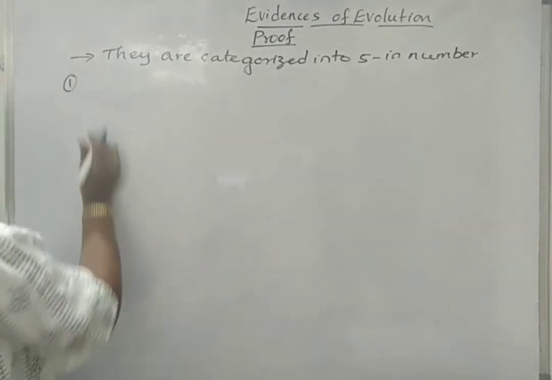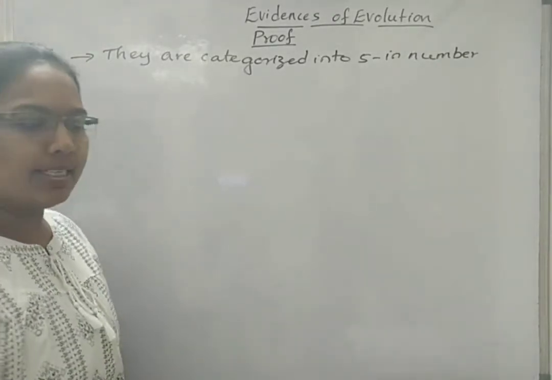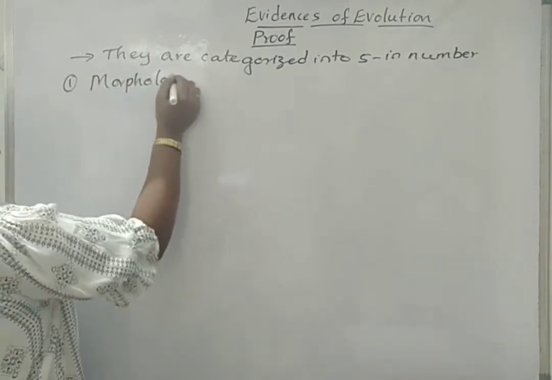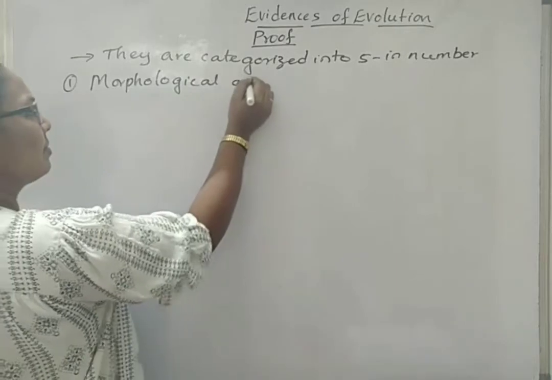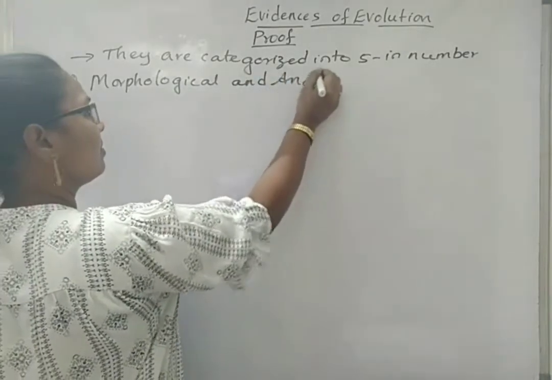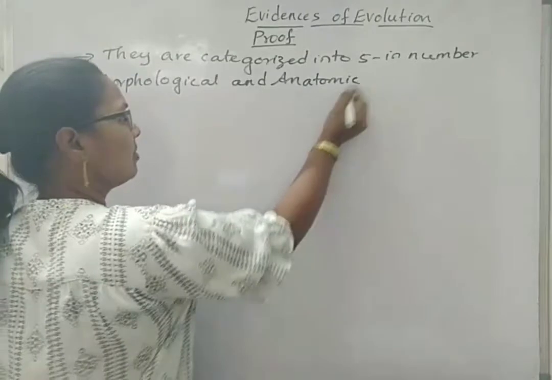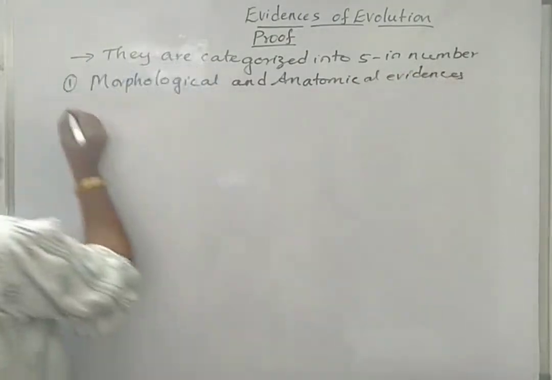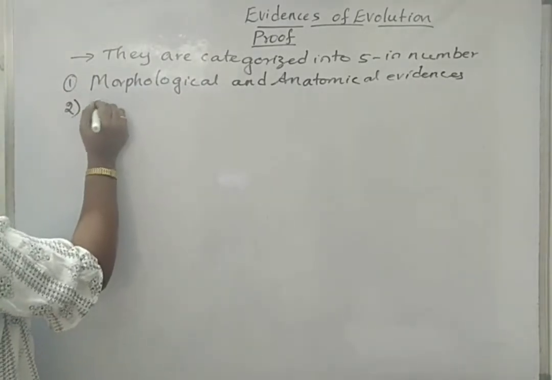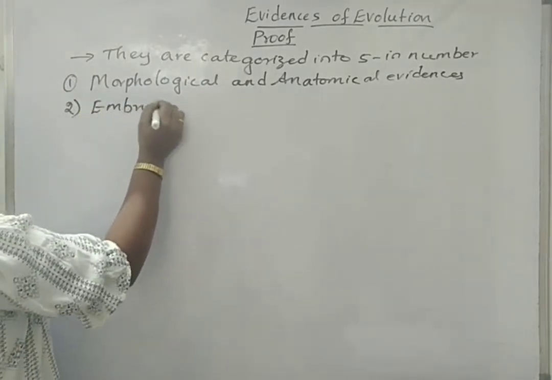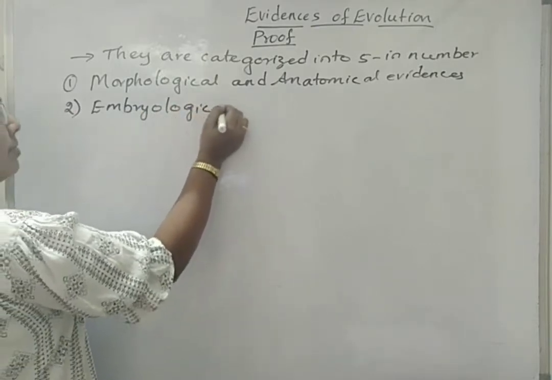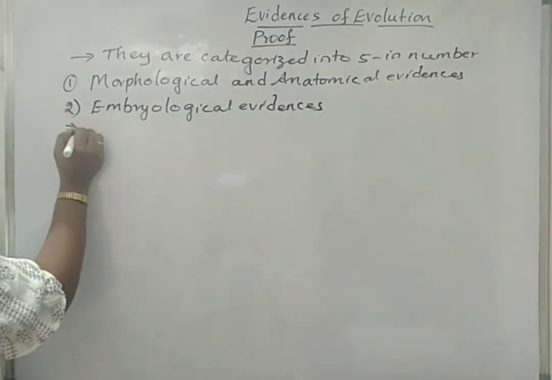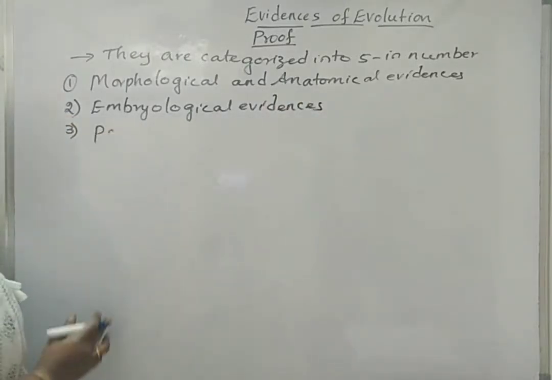First one, morphological and anatomical evidences. Second one, embryological evidences. Third one, paleontological evidences.